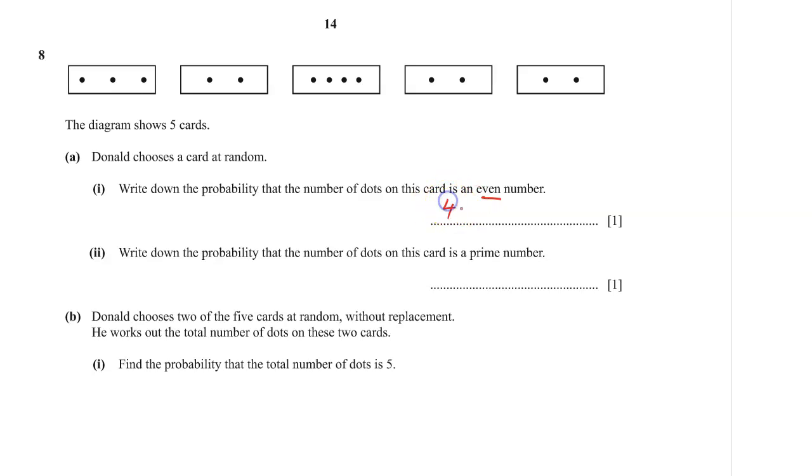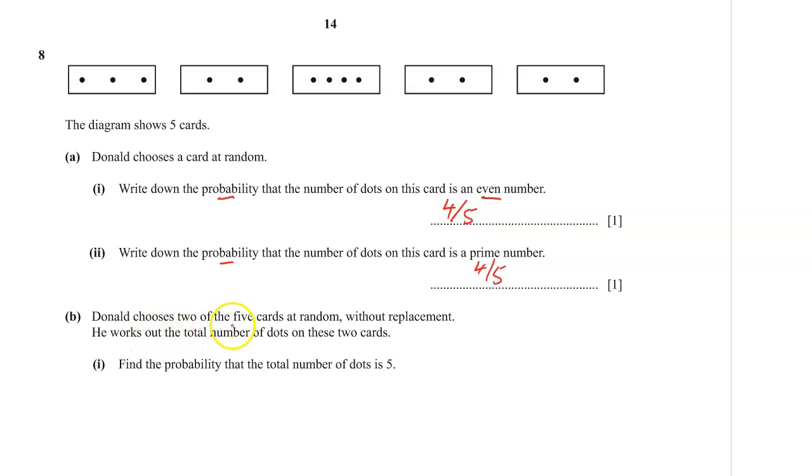So 4 out of 5 is the probability. Write down the probability that the number of dots on this card is a prime number. 2 is a prime number, and 3. Therefore 1, 2, 3, 4. Likewise 4 over 5 is the probability.